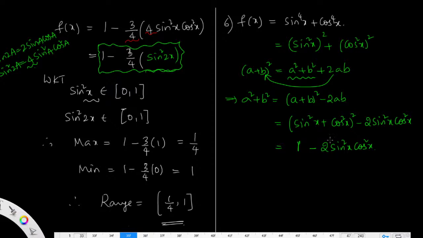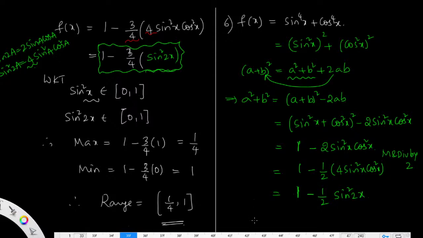So 2 sin square x cos square x is there. Then multiply and divide by 2. Then it is 1 minus 1 by 2 into 4 sin square x cos square x. Why? Because we multiply and divide by 2, then the value doesn't change. Then it can be written as 1 minus 1 by 2 into sin square 2x.